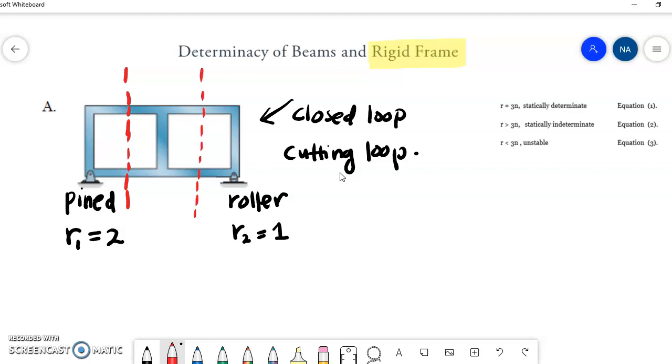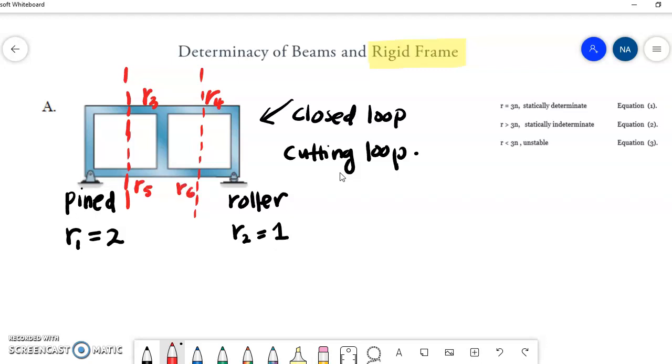Okay, so wherever we cut the frame, it will have internal reactions here. So I name them R3, R4, R5 and R6.